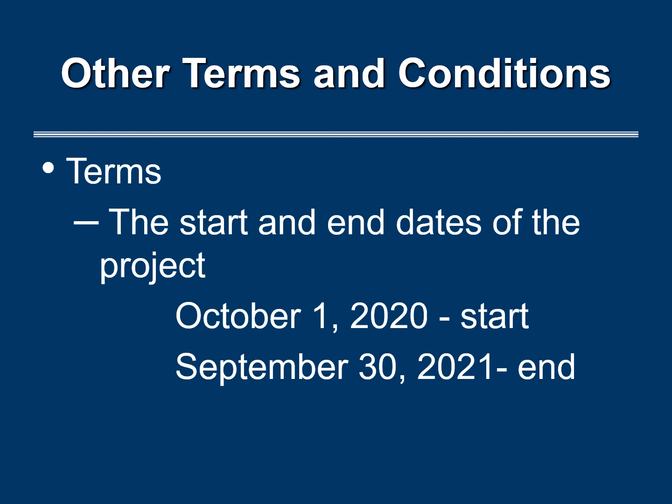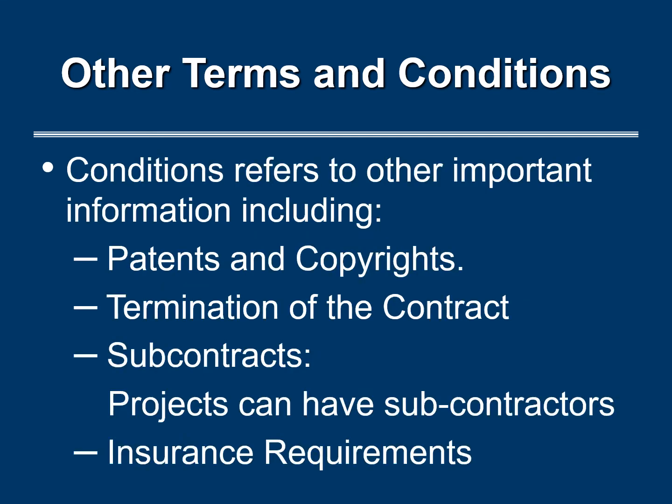Other terms and conditions. Terms refers to the start and end dates of the project, October 1st, 2020 through September 30th, 2021. There is a possibility that the grant may extend for a second year. If this happens, the State Council will tell projects at least by July 31st, 2021.